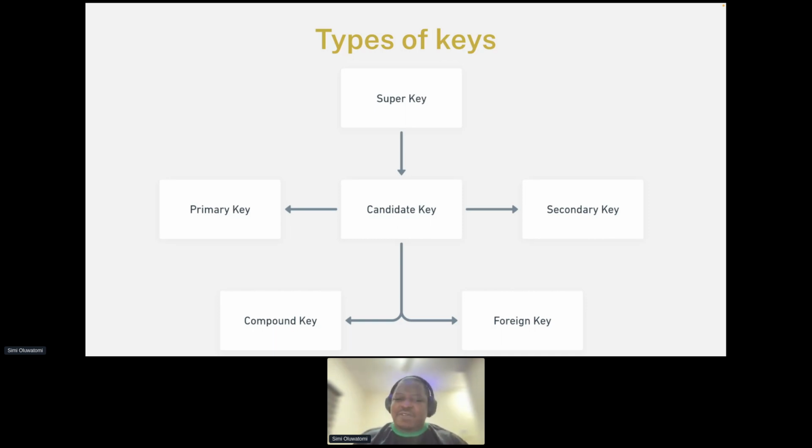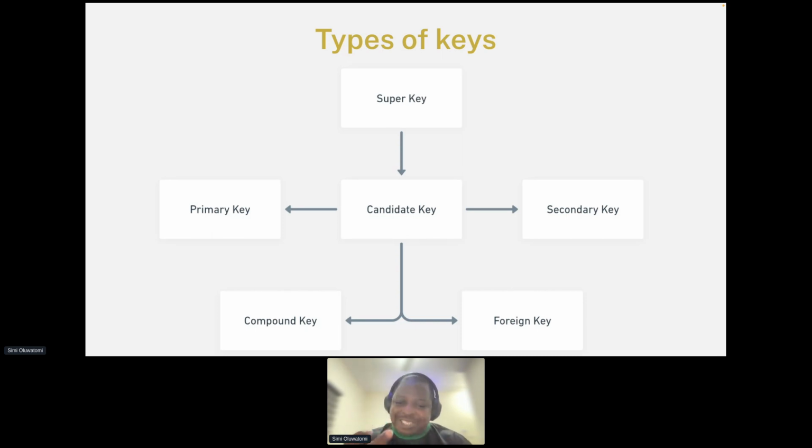Then we have a compound key. A compound key is a key that relies on multiple attributes to enforce its uniqueness. So in the case of the family, the uniqueness of the DNA of the child depends on the uniqueness of the father and the mother's DNA.